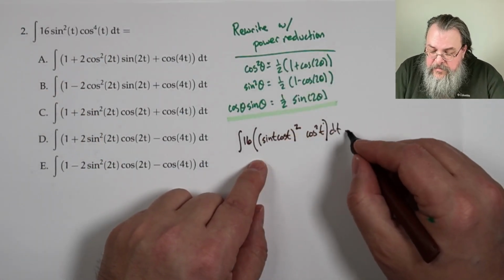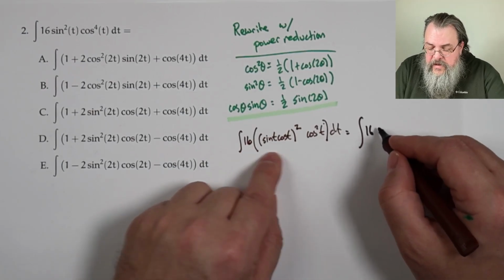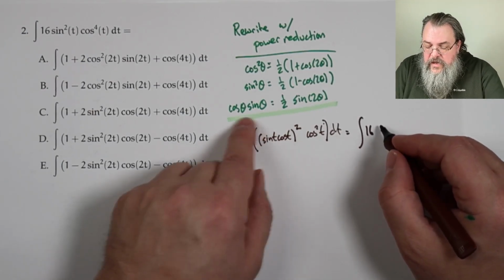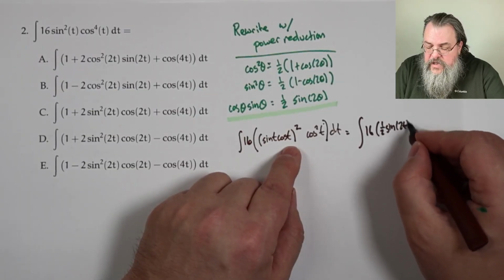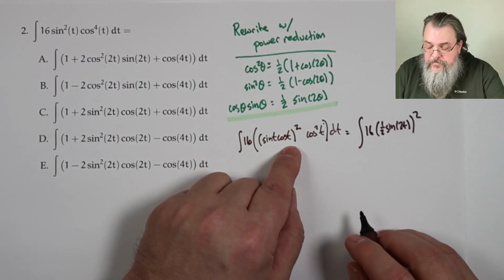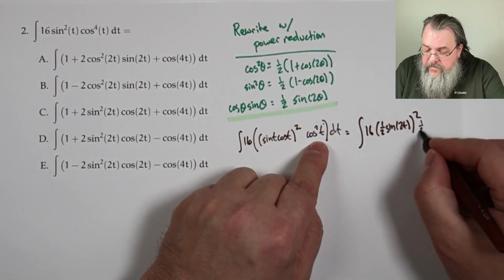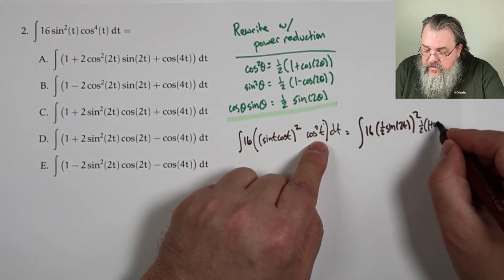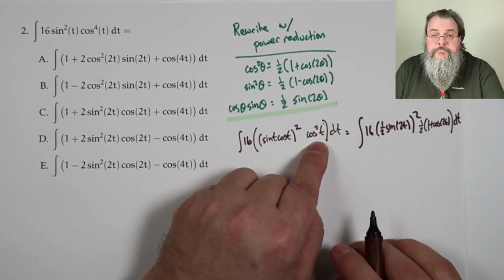So this becomes our integral. We have 16. The sine t cosine t becomes 1/2 sine 2t squared. This cosine squared becomes 1/2 (1 plus cosine 2t) dt.